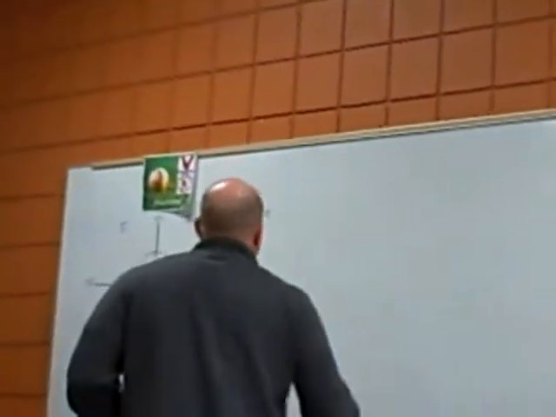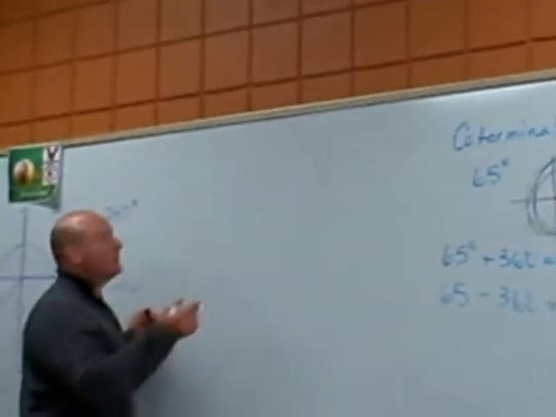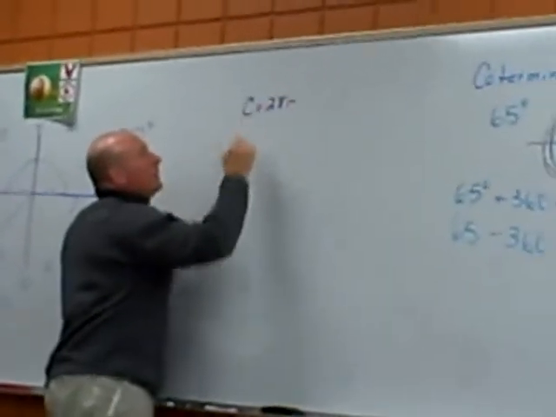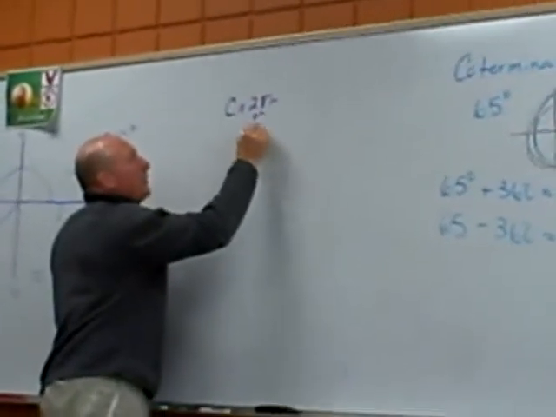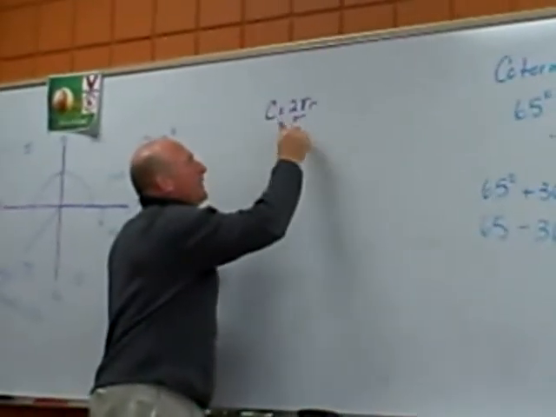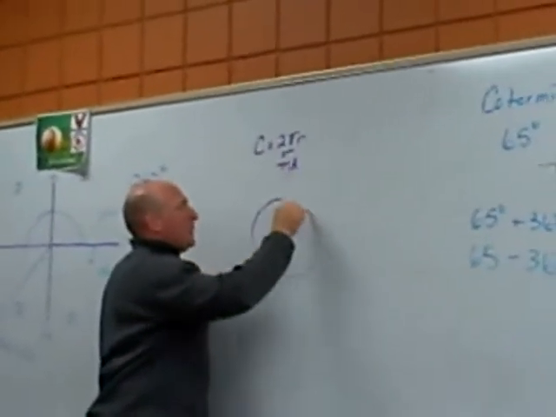Pi times diameter. That would work. Or 2 pi r. Same thing. These are formulas that you've used in the past.